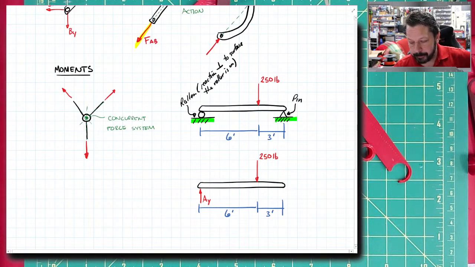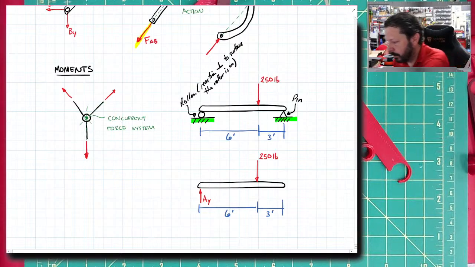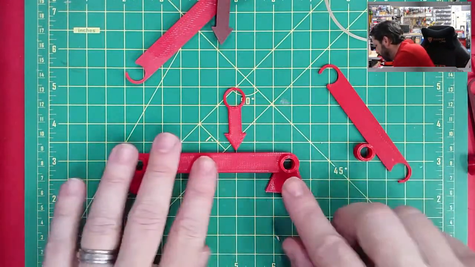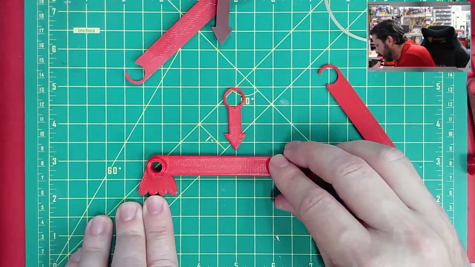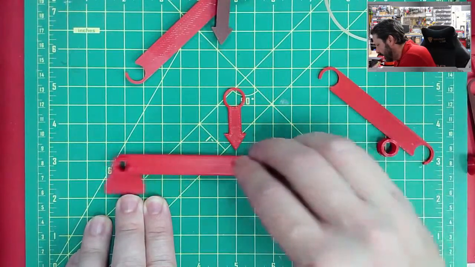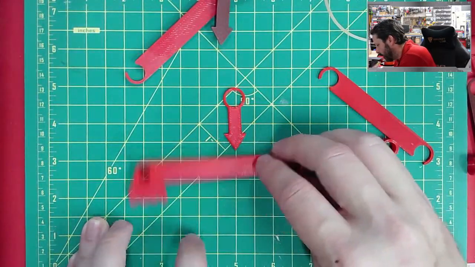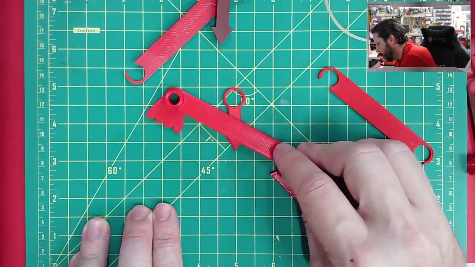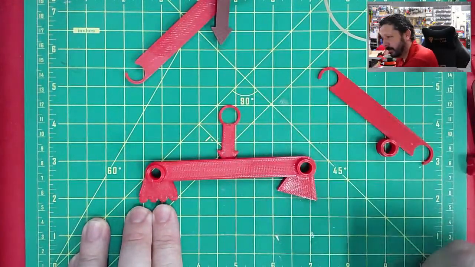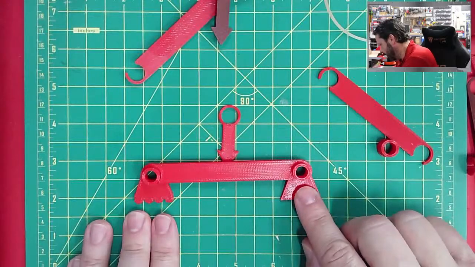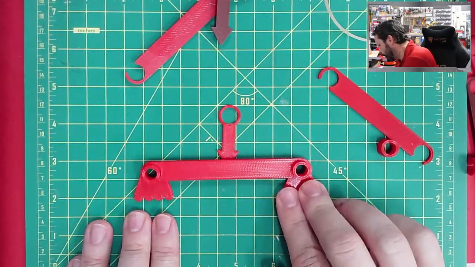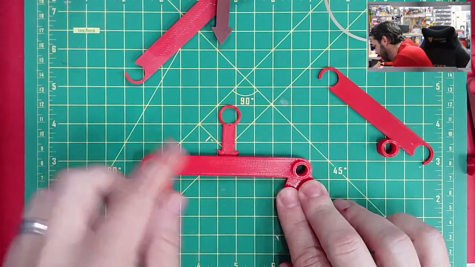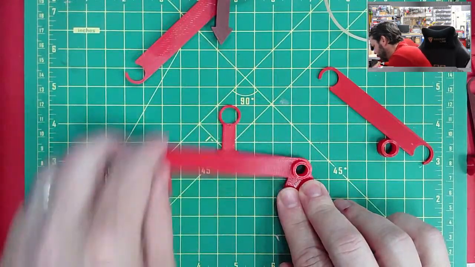The pin, if you think about something being pinned, so the roller here lets the beam move this direction, but it doesn't let it move this direction. Technically, it could move up, but we're pushing down on it. The pin, however, doesn't roll, so it doesn't let things move left and right or up and down. It does let them still rotate, though.